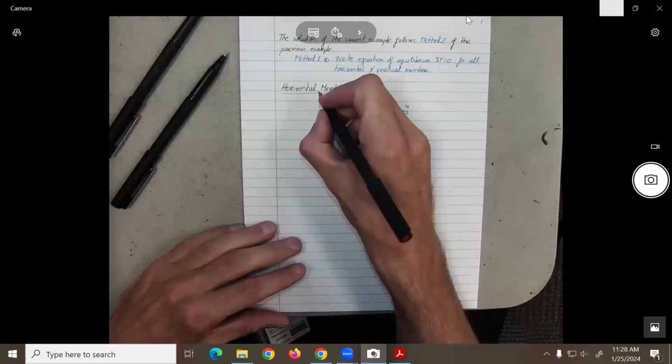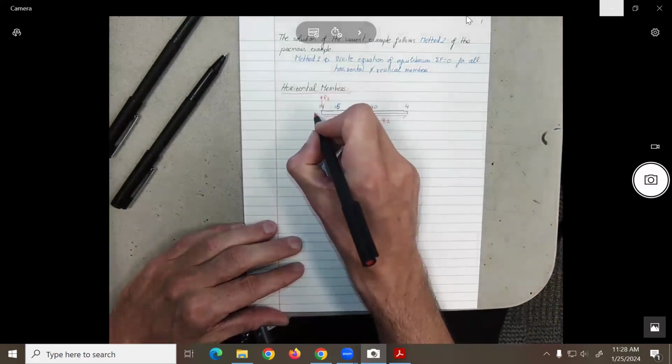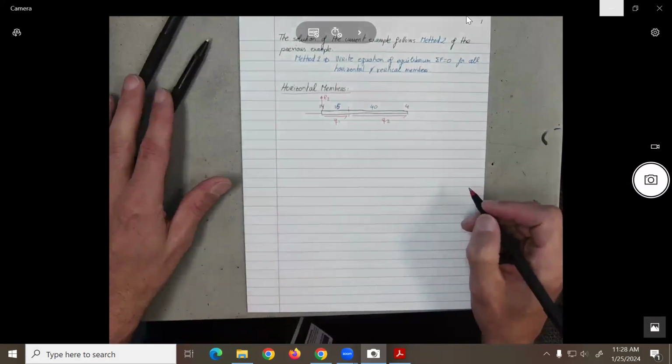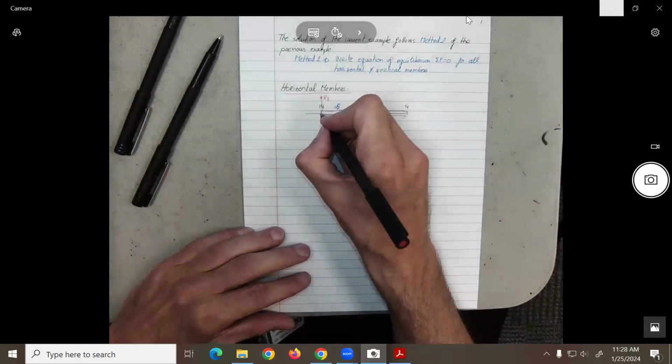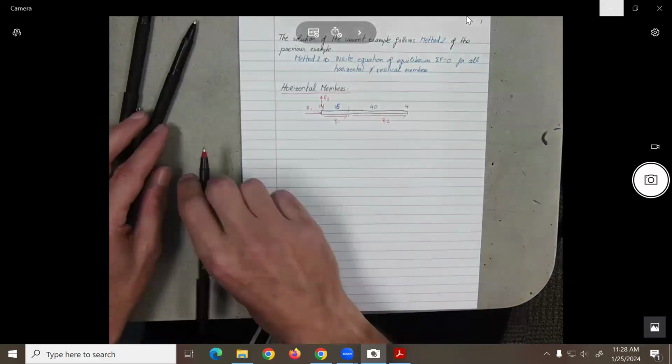I'm going to use the same notation that he uses over here. I don't want to change too much, so it will be R2. Actually, I'm going to change it: R1, and that one. Okay, so we have that equation.